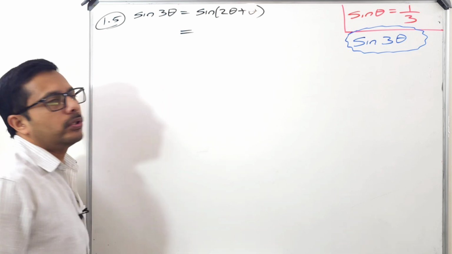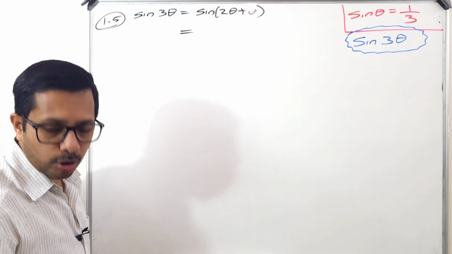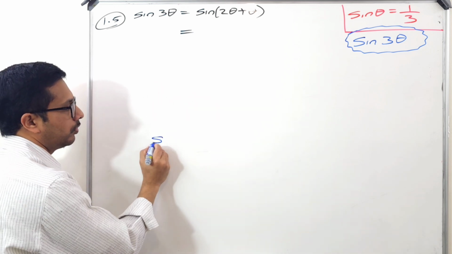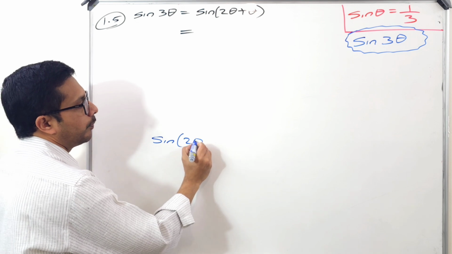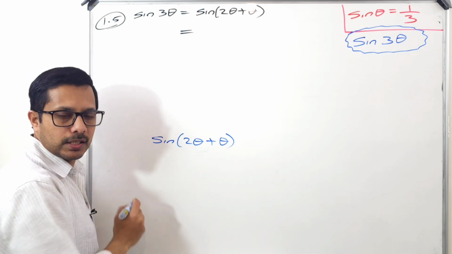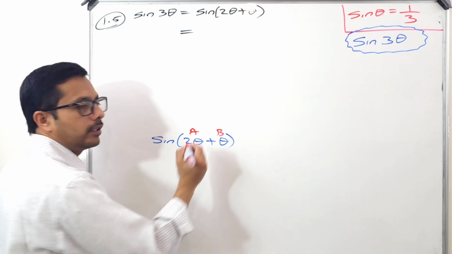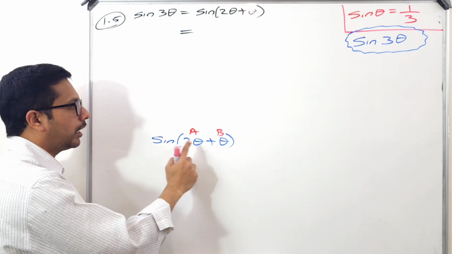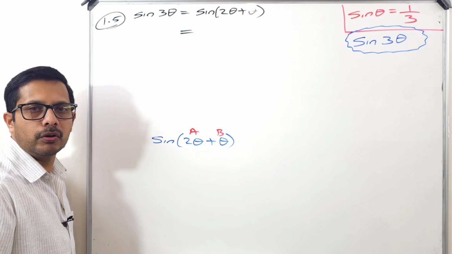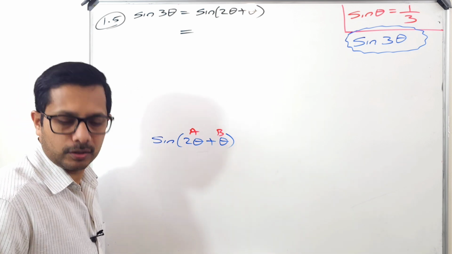Okay, so now look at this one. Now it's like a compound angle, sine of 2 theta plus theta. If I call 2 theta as A and theta as B, how can you read that one? Sine of A plus B. So how can you write that one? Apply the compound angle formula.